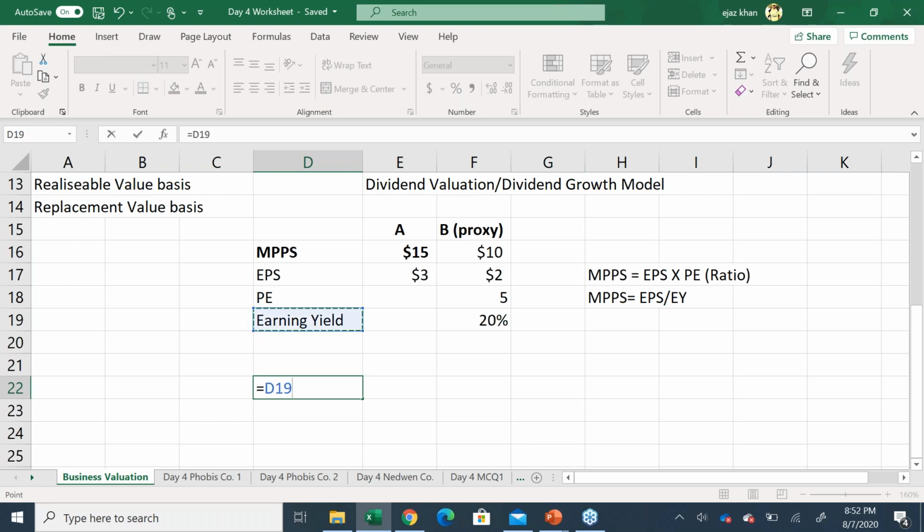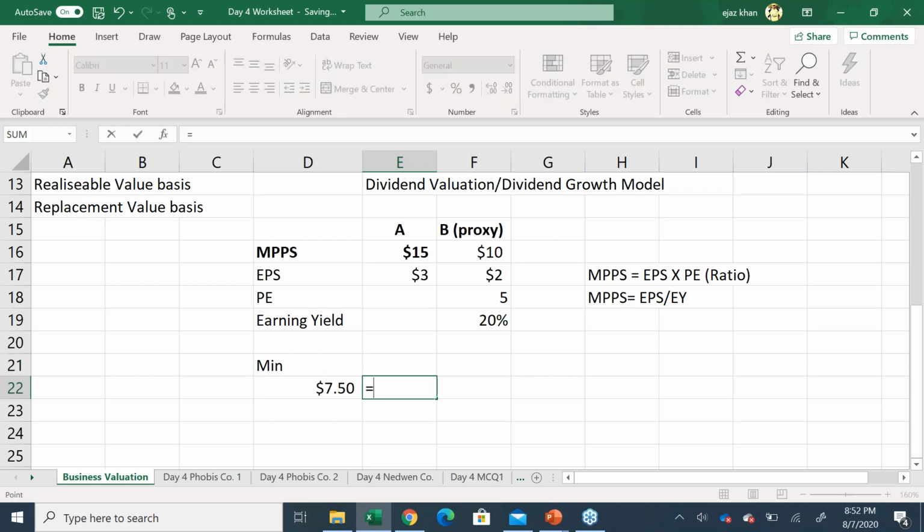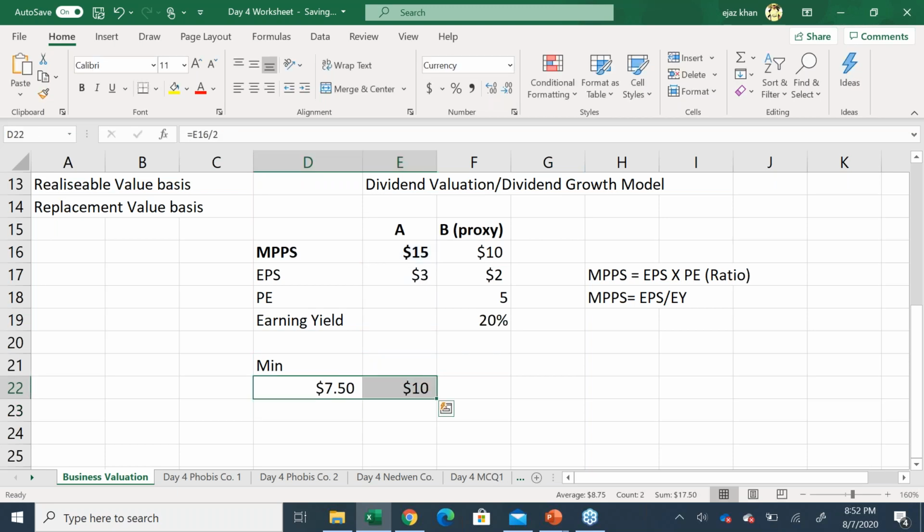But usually what people do is they divide 15 by 2 to get the minimum limit, and they multiply it by 2/3 to get the maximum limit.